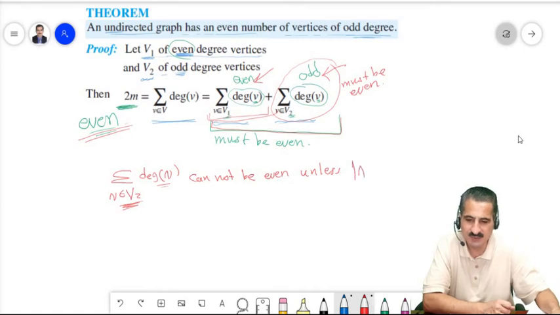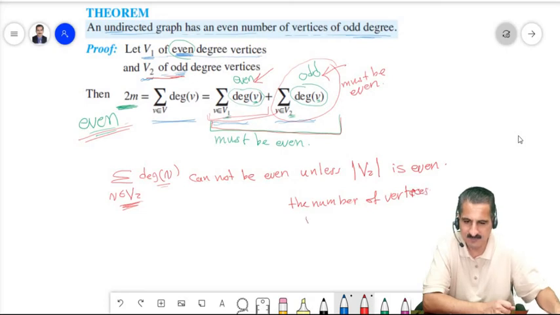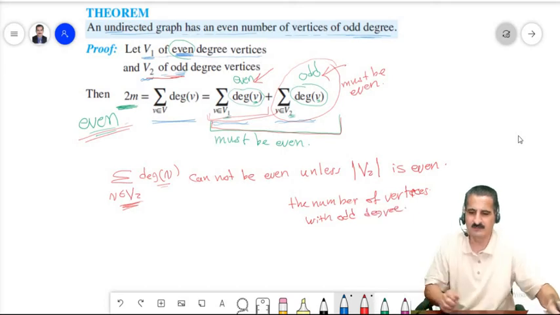So unless V2, capital V2, is even. And here, capital V2 is the number of vertices with odd degree. Okay?